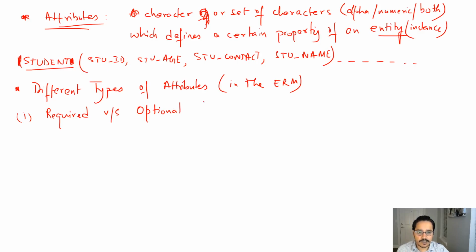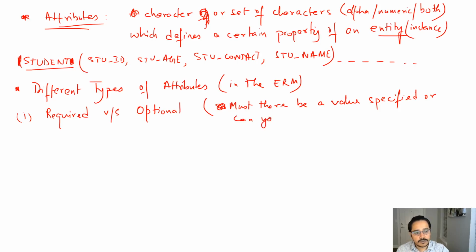So basically what this translates to is, must there be a value specified, or can you leave it null?